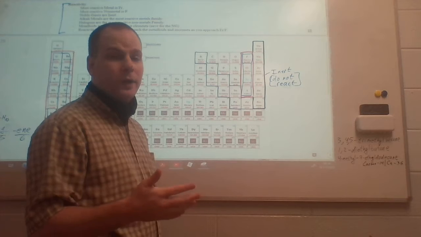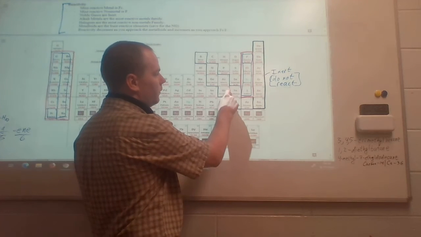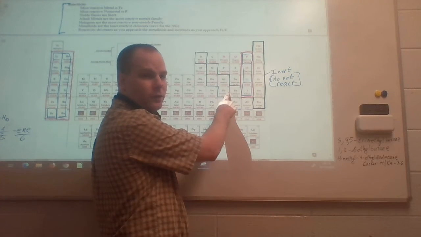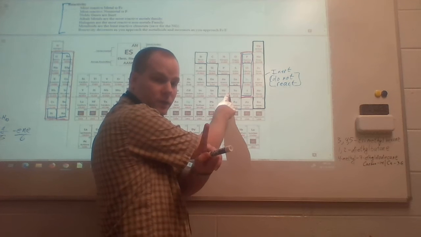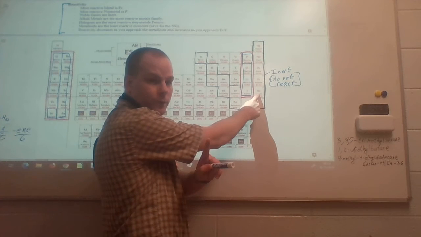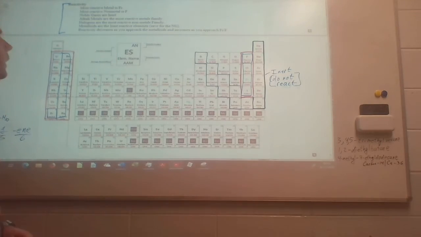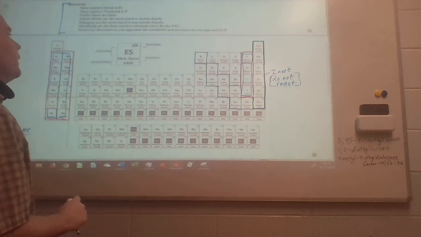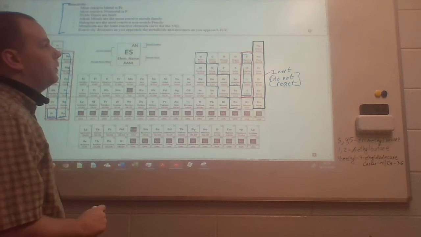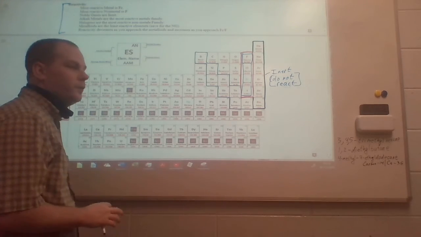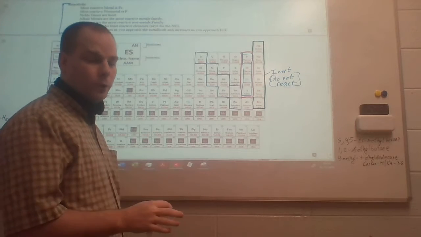But anytime you get a list of elements, if one of them is a metalloid, that is the least reactive element, unless one of the noble gases is also present. Now, reactivity decreases as you approach the metalloids and increases as you approach francium or fluorine.